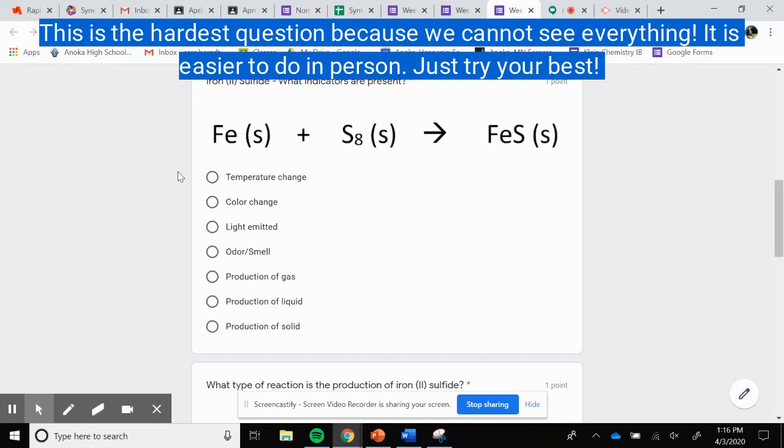So we only need one indicator present for us to say that this is a chemical reaction. I noticed that there was a temperature change, right? It became molten red, it cooled down during the reaction. You could use a lot of different ways to justify that this is a chemical reaction, or you can look at the chemical reaction that's provided and also suggest that this is a reaction. You just have to have one.